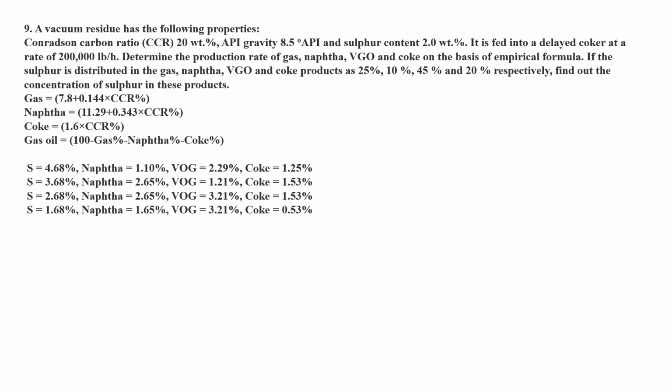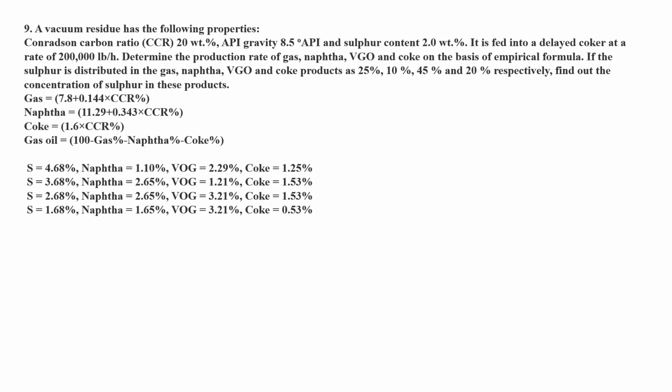Let's come on to the ninth question, which is: a vacuum residue has the following properties. Conradson carbon residue CCR is given as 28%, API gravity is 8.5 degree API, and sulfur content is 2 weight percent.